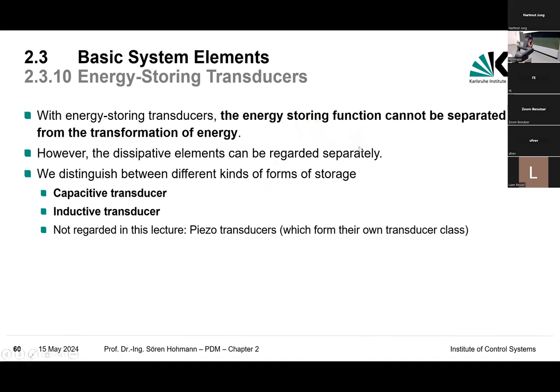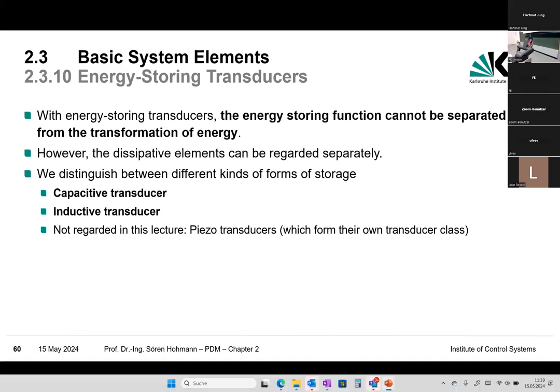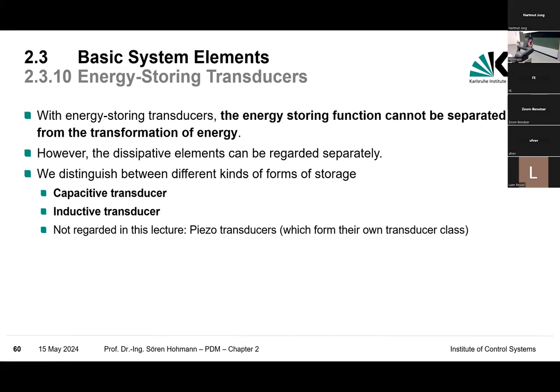Energy storing transducers are different in their function compared to the power conserving transducers. The main difference is that the energy storing principle cannot be separated from the transformation principle, and that's very important to understand.